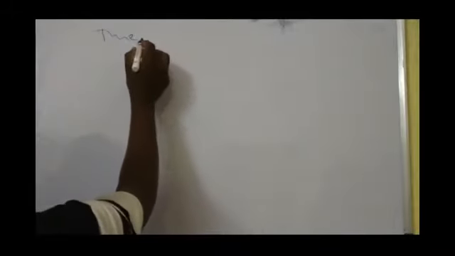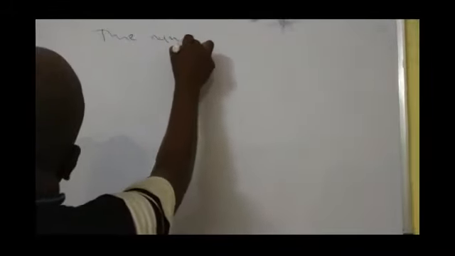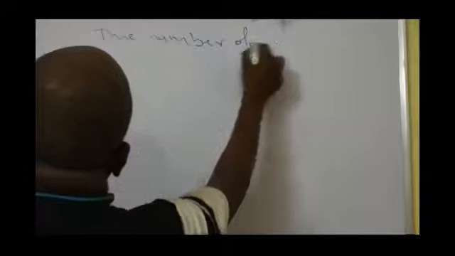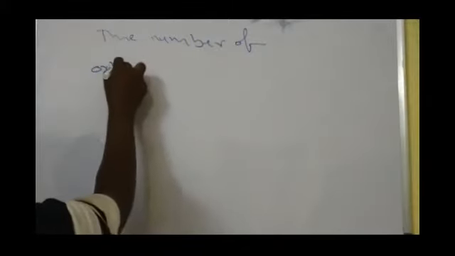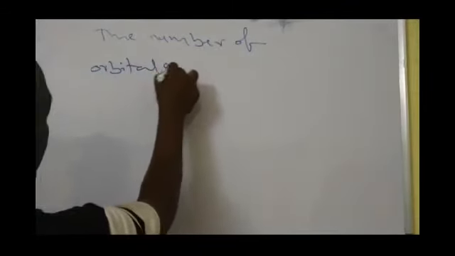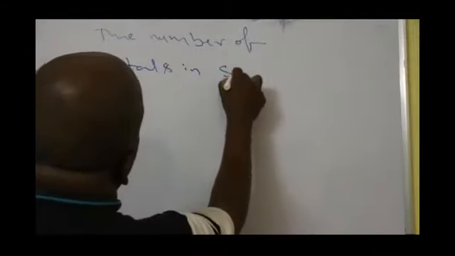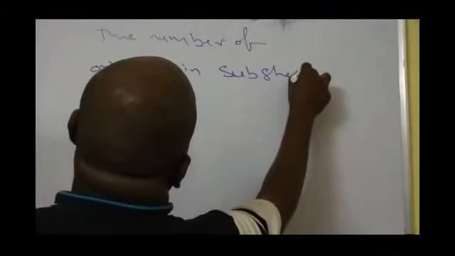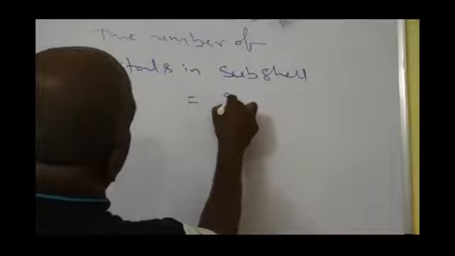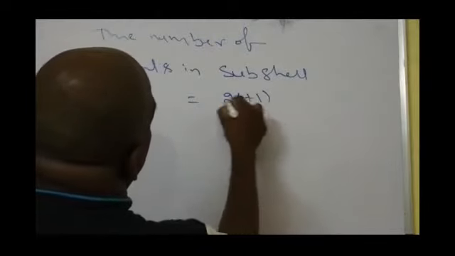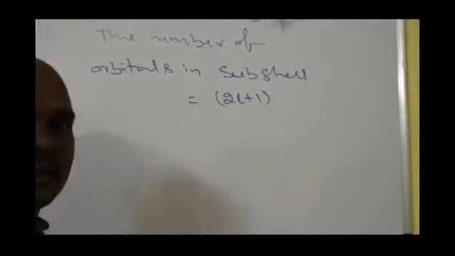The number of orbitals in a subshell is equal to L plus 1. This is the formula.